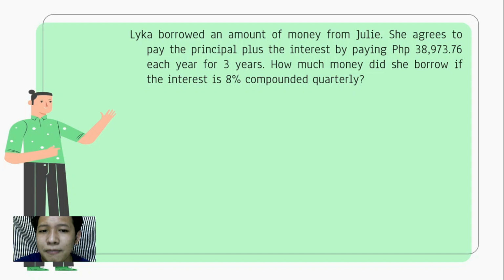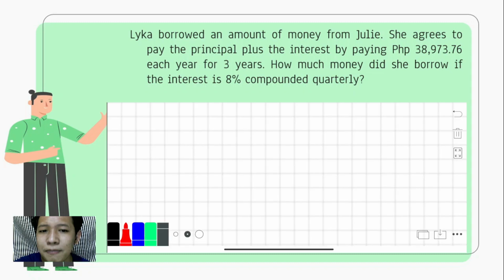Okay, so ibig sabihin, ang hinahanap po is the present value. So let us now try to digest. Magbabayad siya yearly, pero yung interest is compounded quarterly. So it is a general annuity. Now the given are.